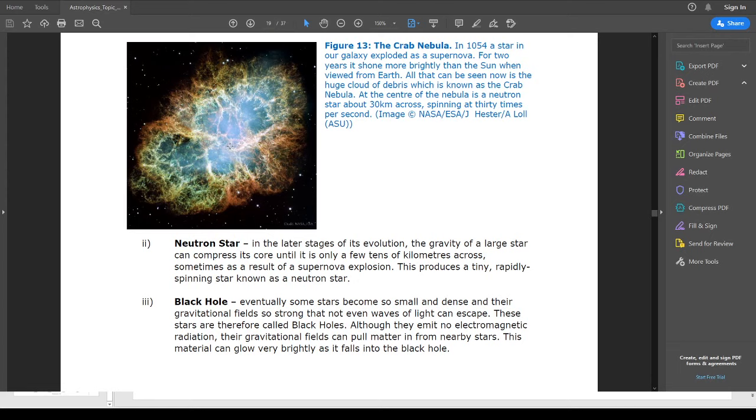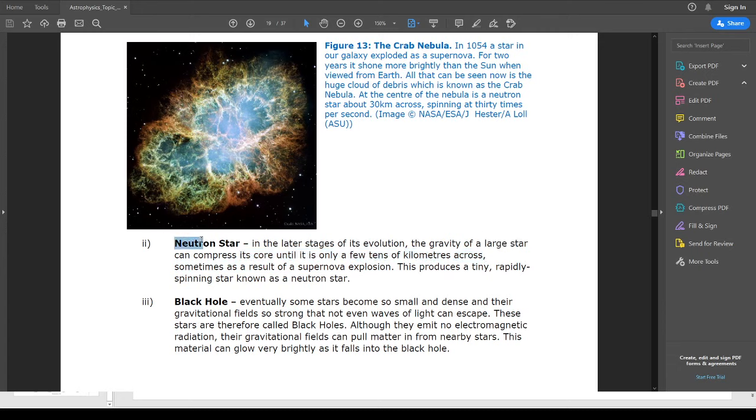Okay, now let's read about the neutron star and black hole.